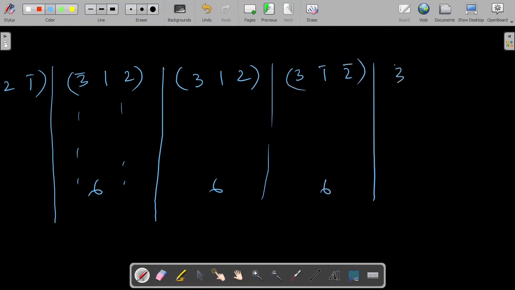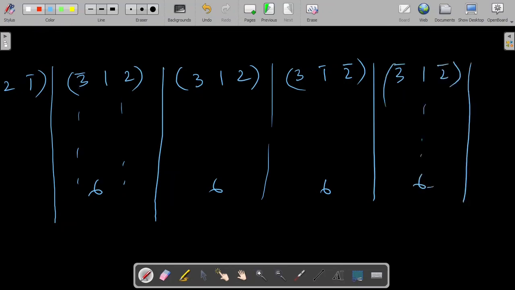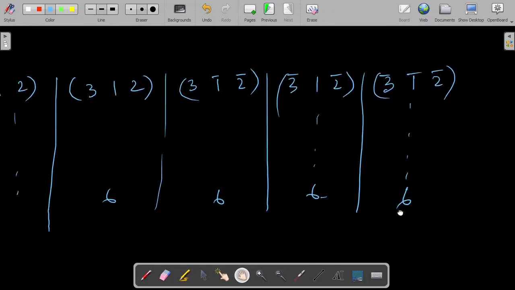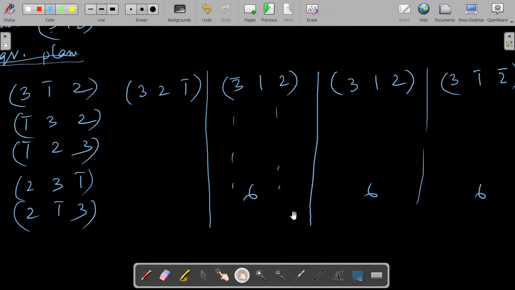And 3 bar, 1, 2 bar, 6 more. And then 3 bar, 1 bar, 2 bar, 6 more. So these are the different combinations that you can have. In this way, 1, 2, 3, 4, 5, 6. So total, you'll be able to write down 36 different such planes, and these are all equivalent planes.